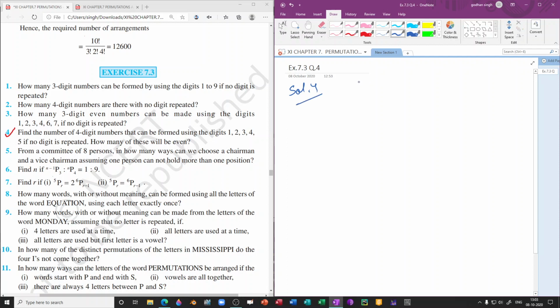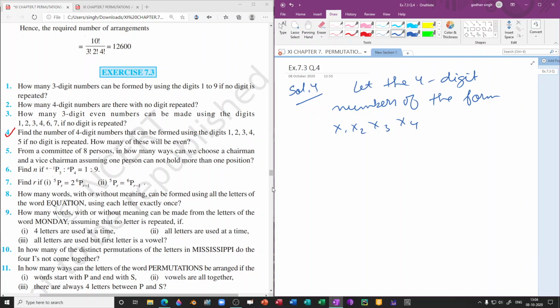Solution: let the 4-digit numbers be of the form x1, x2, x3, x4, and it says that the digits cannot be repeated.